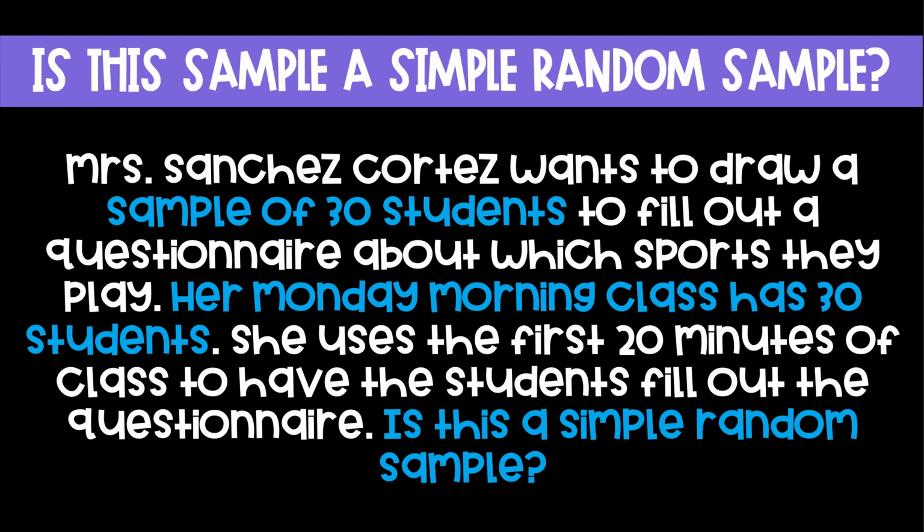All of them are taking a morning class. All of those students do not work at that particular time, or maybe are full-time students. It's not random. The students from her afternoon class, her Tuesday class, her Friday class did not have the chance to come up in this sample.